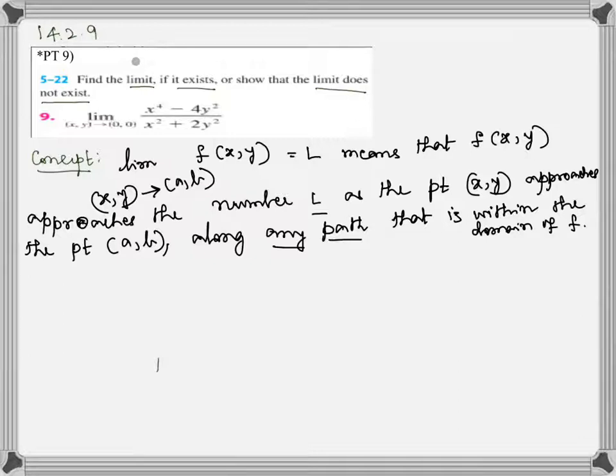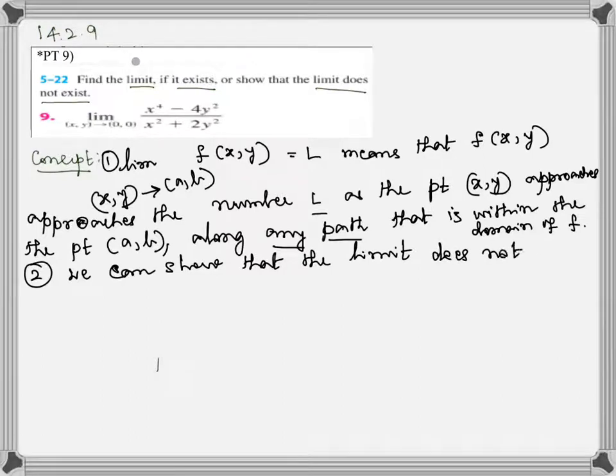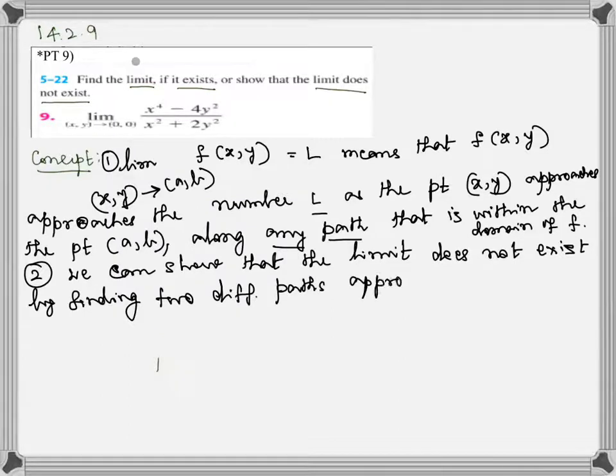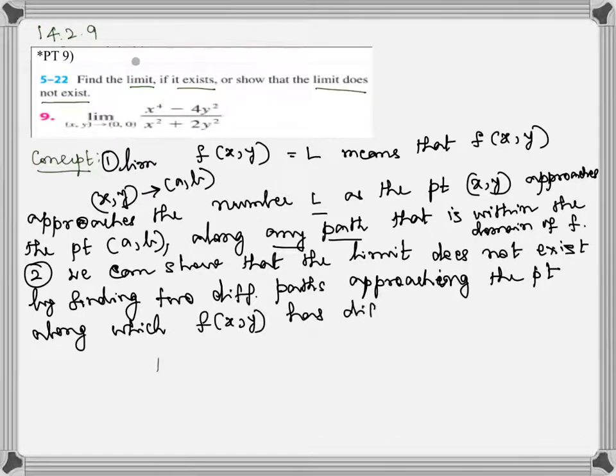So let's see what happens in this case, whether the limit exists or not. We can show that the limit does not exist by finding two different paths approaching the point (a, b) along which f(x, y) has two different limits.